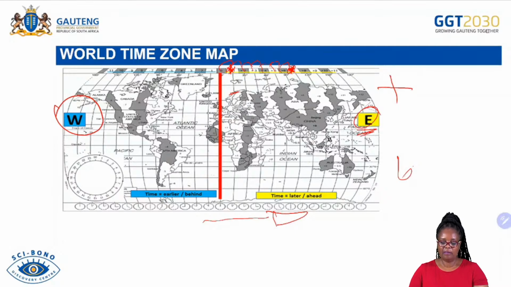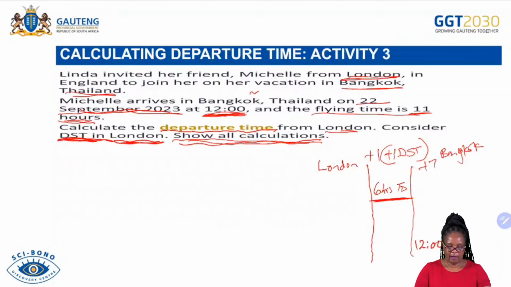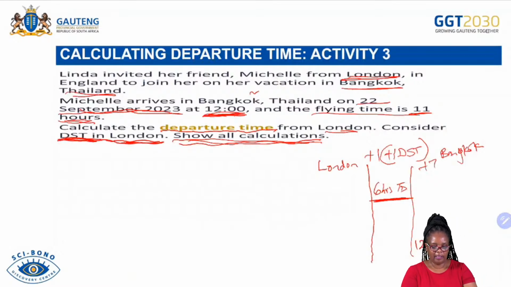Okay, so here we are, back to our question. Let's read the scenario so that you understand it and know exactly when to add and when to minus.